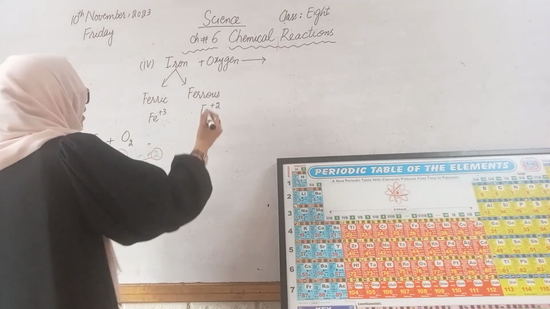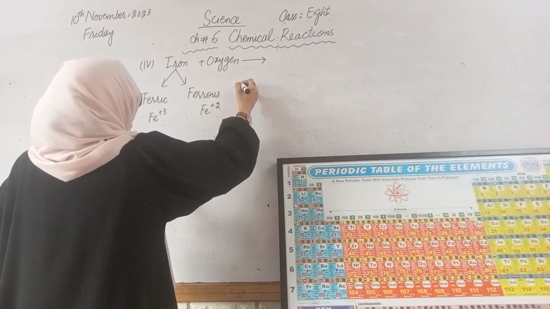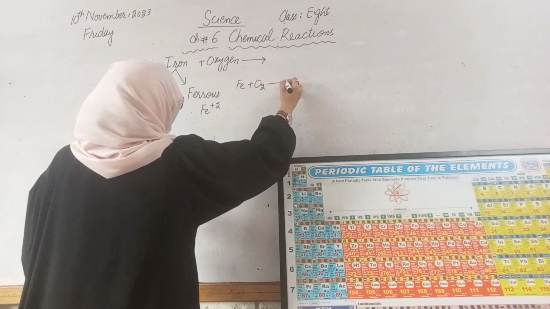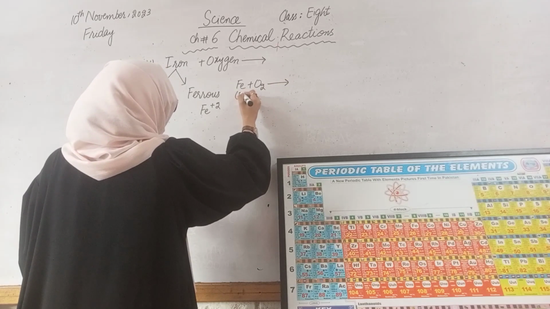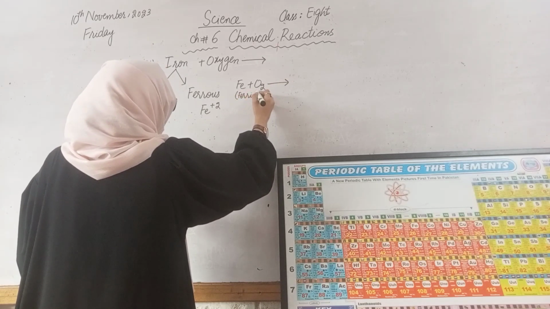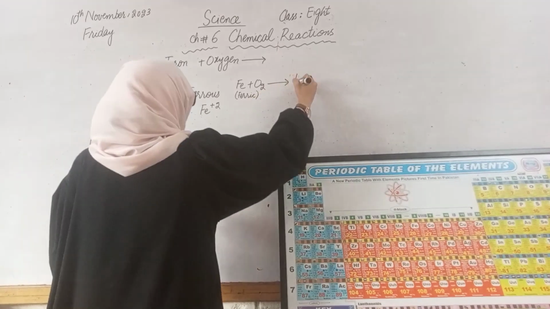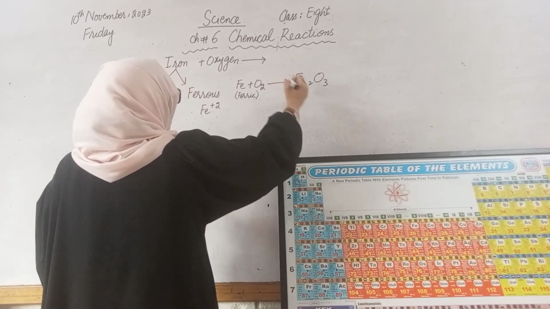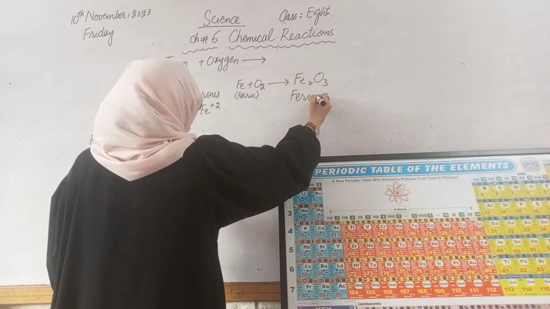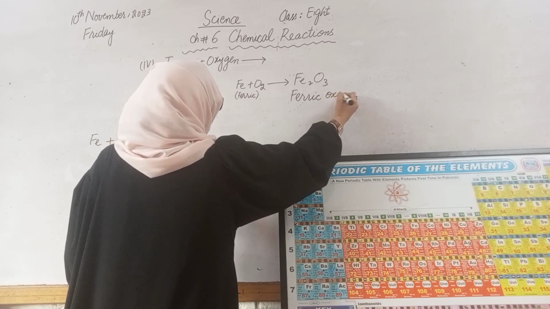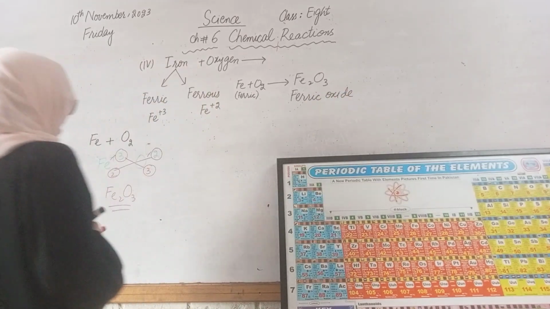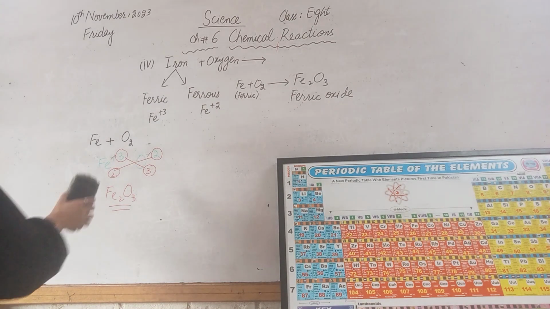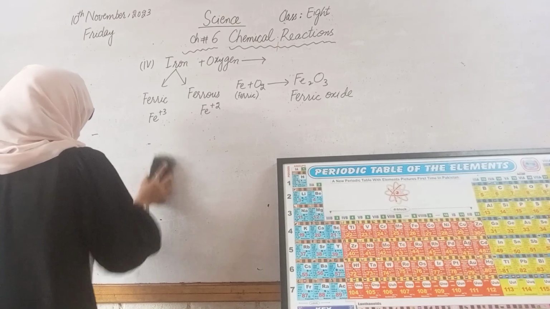As we have obtained from the reaction of Fe plus O2 in the ferric form, we get Fe2O3. It's ferric oxide. Similarly, we do the same thing for ferrous as well.